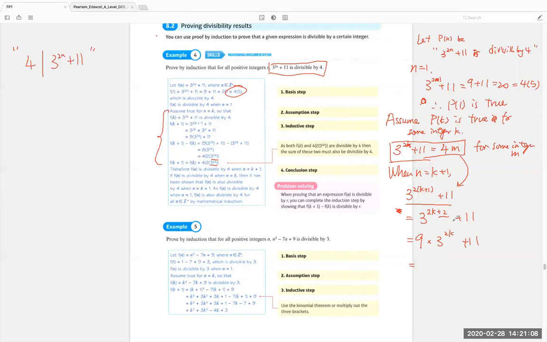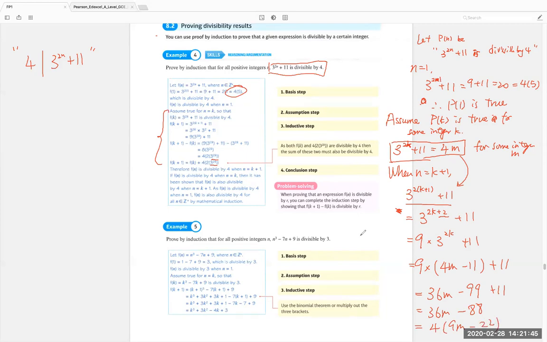So therefore, I can substitute this formula inside here. You have 9 times 3 to the power 2k, and that is equal to 4m minus 11. And then 36m minus 11, minus 99 plus 11, and then you get 36m minus 88. And then you can extract the factor of 4 outside.